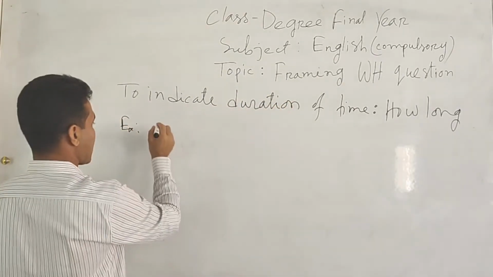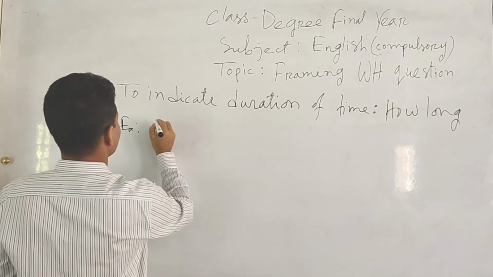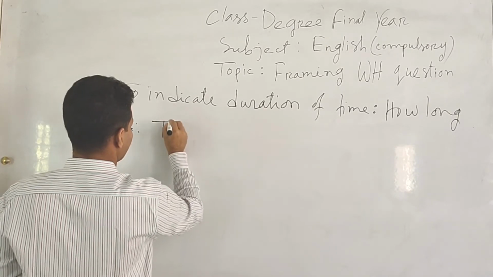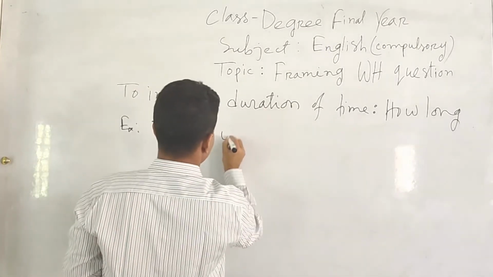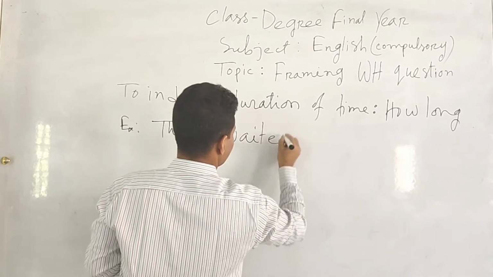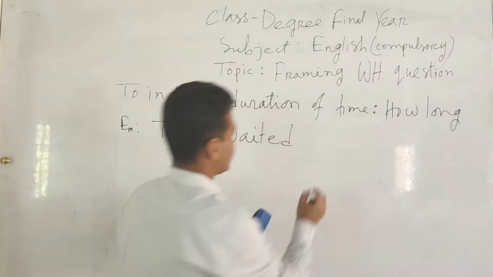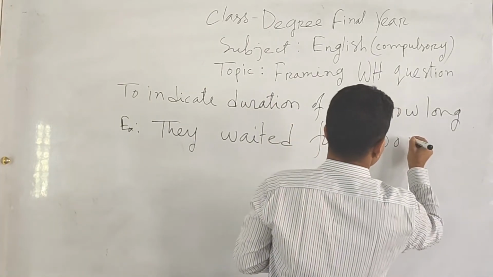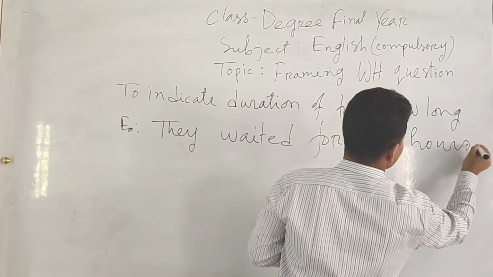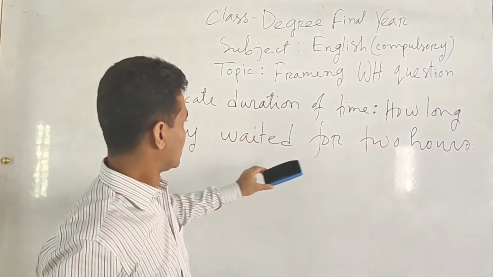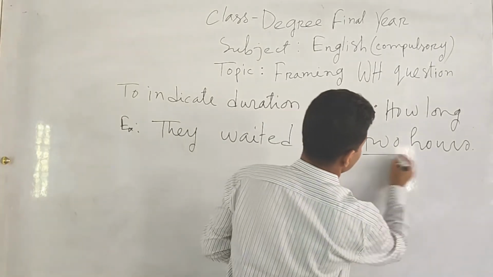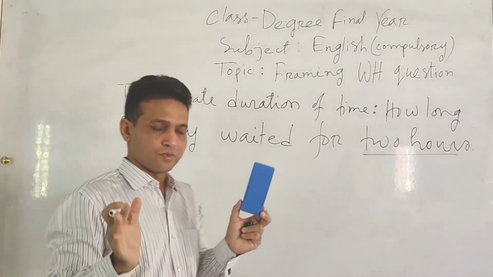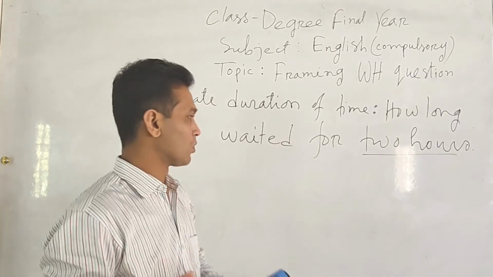Okay, example: they waited for 2 hours. So here 2 hours is a duration of time. In this case you have to frame the question with how long.